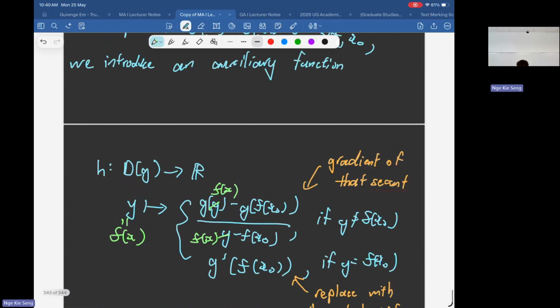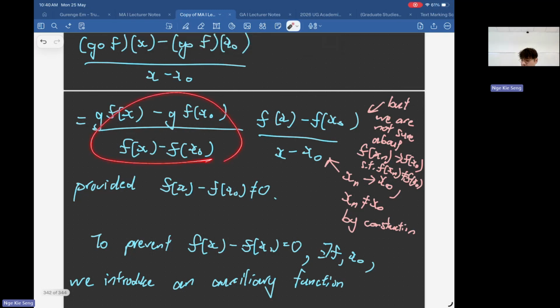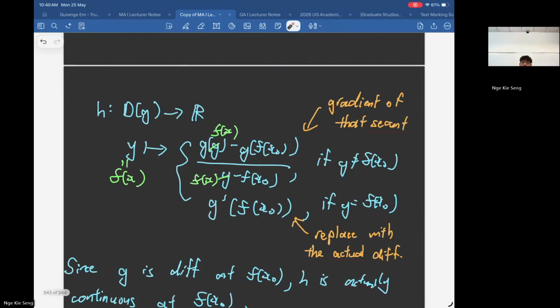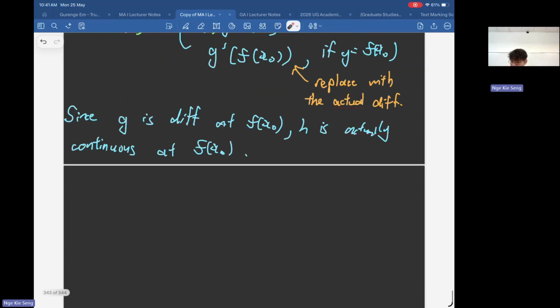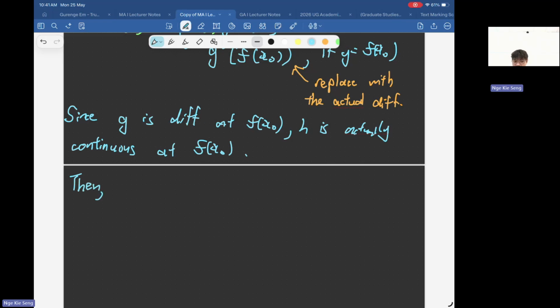This is the quotient that I'm interested in, after composing. Now maybe it'll be clearer why I do this.